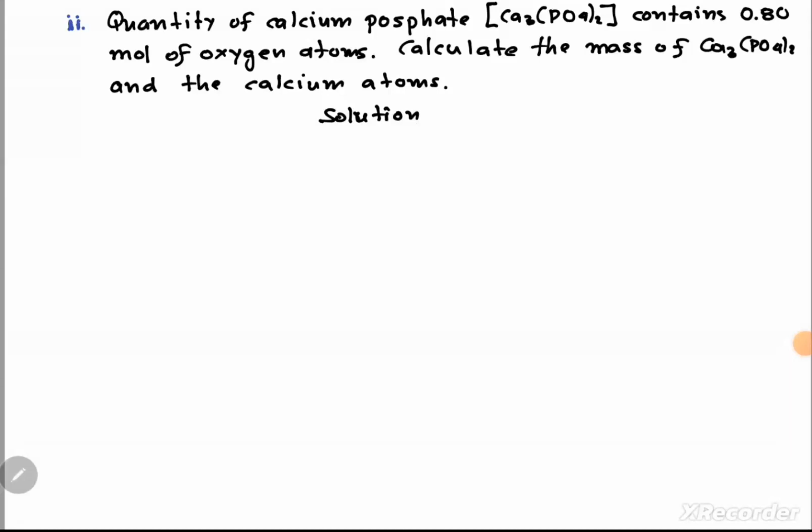We have also an exercise on the relationship between a chemical compound and its element components.